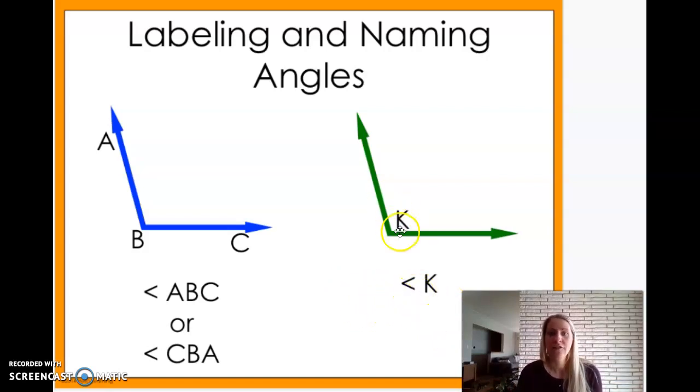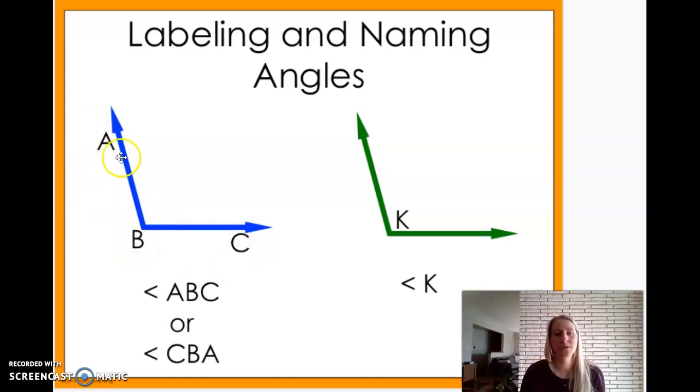So first of all, if there is a letter in the spot of the angle, then that is just the name of your angle. So this is just angle K. Most often though, this is what you're going to see. So you will have the sides or the legs labeled and then the vertex labeled.